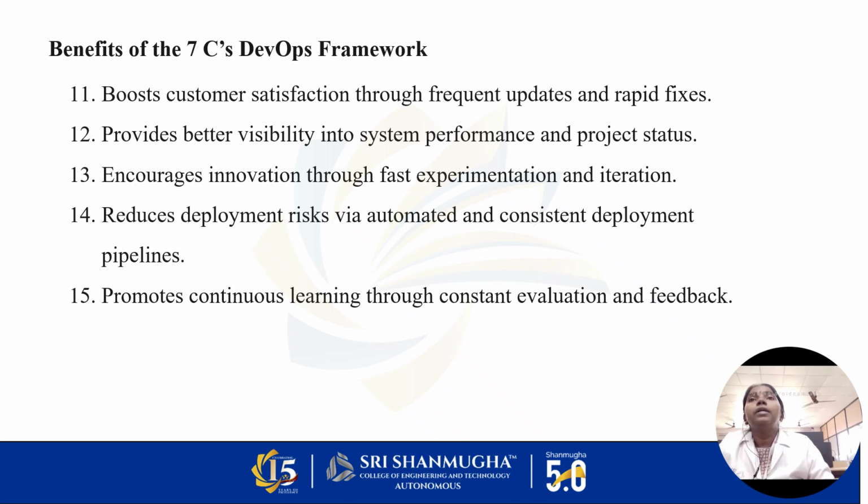Provide better visibility into system performance and project status. Encourages innovation through faster experimentation and iteration, and reduces deployment risk also. Here is the best benefit of the 7 Cs DevOps framework: automated and consistent deployment pipelines, and it promotes continuous learning through constant evaluation and feedback.